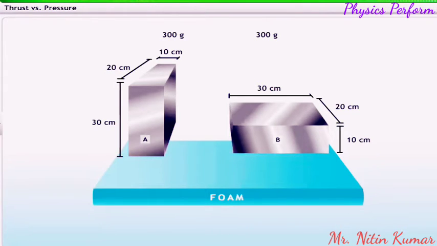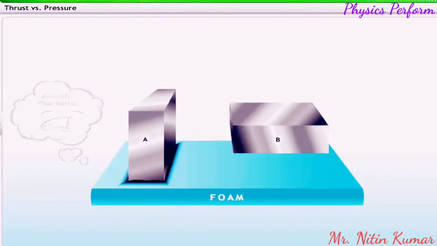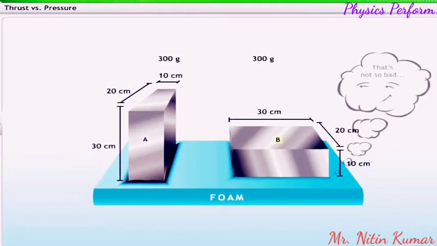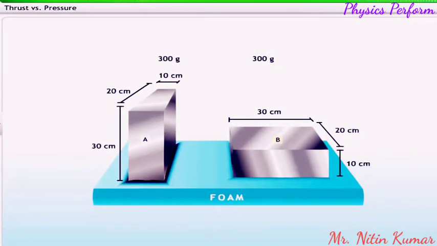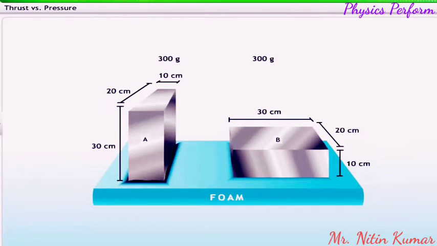Place the metal block A vertically on the foam and the other iron block B horizontally. Now let's compare the compression of the foam where blocks A and B are placed. The foam shows more compression where the metal block A is positioned vertically.